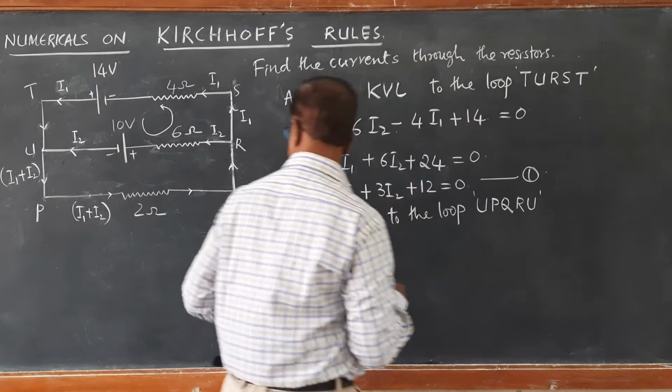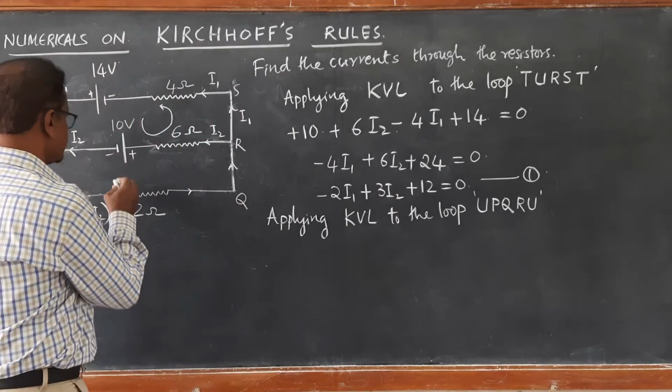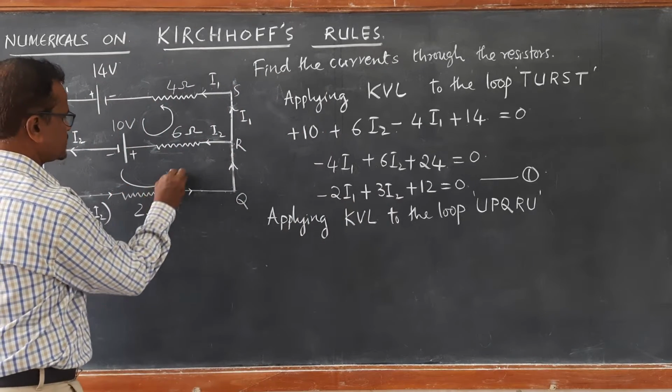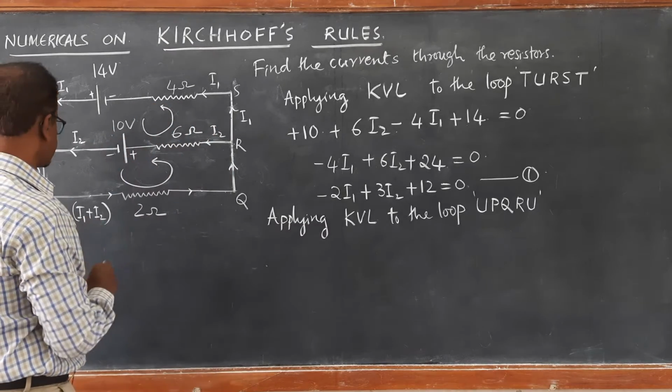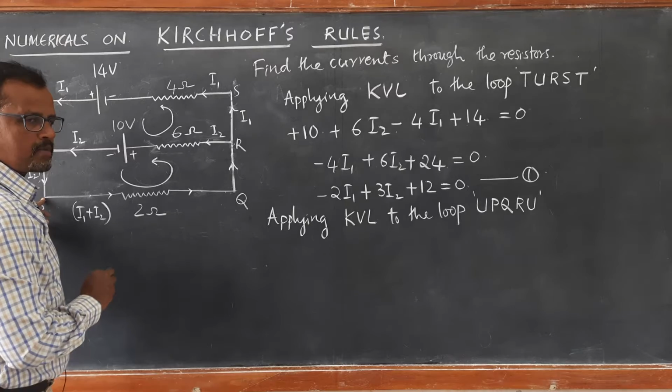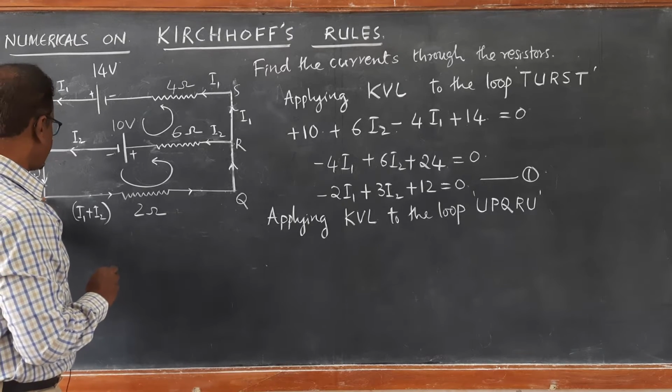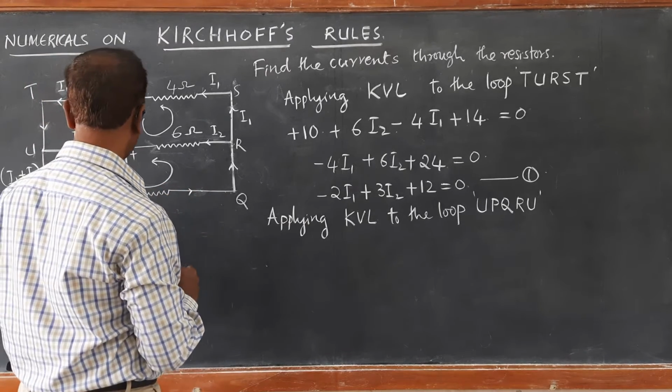Again, it is a closed loop. In this also you can see the current is flowing in the anti-clockwise sense. So from U to P, there is a drop in potential. From P to Q, there is again a drop in potential.